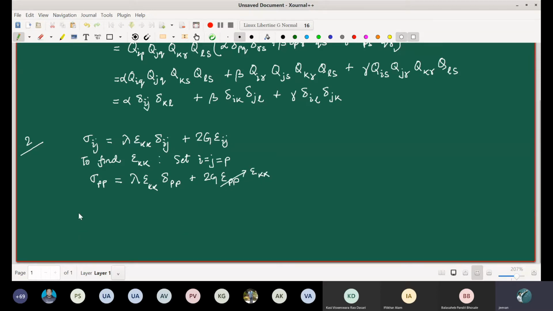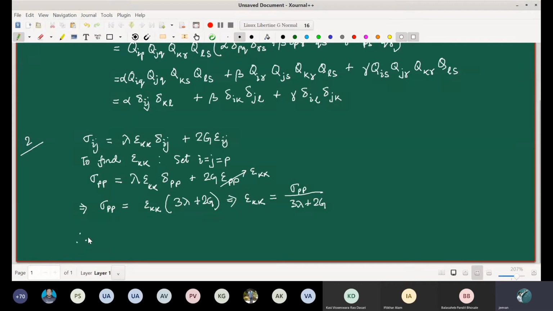This serves our purpose perfectly, because then we can take this epsilon kk common, and whatever remains here is delta pp, which is 3. I hope you all understand this delta pp is delta 1 1 plus delta 2 2 plus delta 3 3, that is 3. So this is basically 3 lambda plus twice g, which means that epsilon kk is nothing but sigma pp divided by 3 lambda plus twice g.